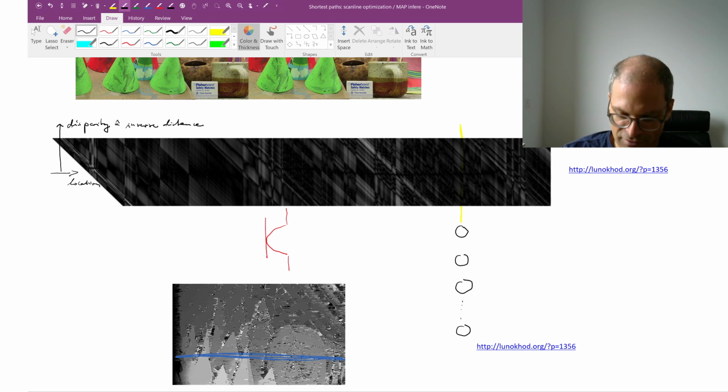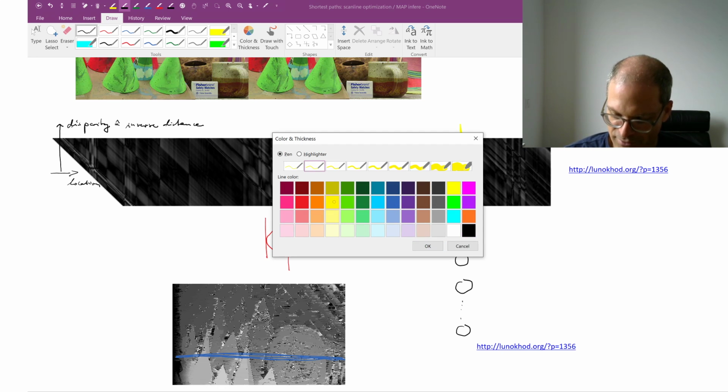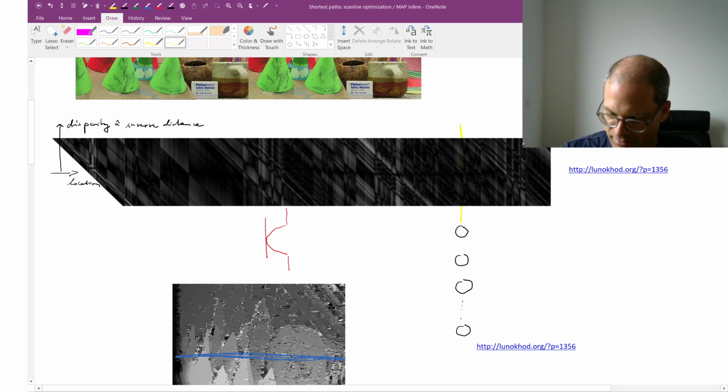And then for the immediately adjacent column, I get that same number of nodes again. I just draw them at a bigger distance here.